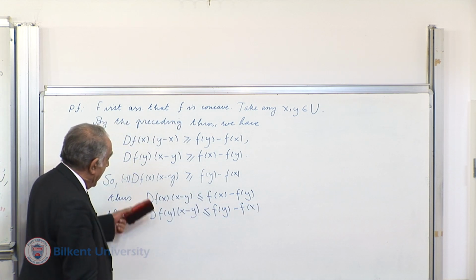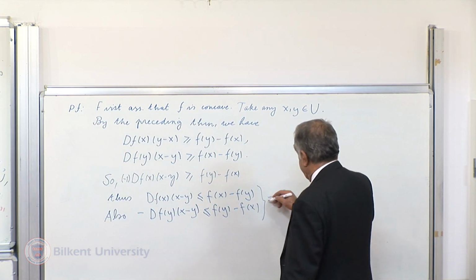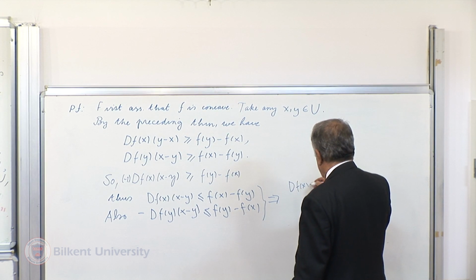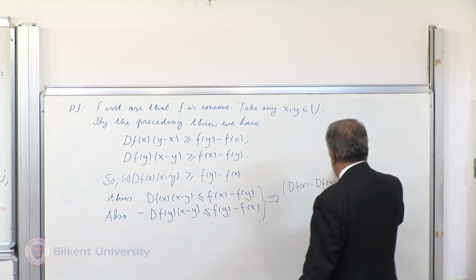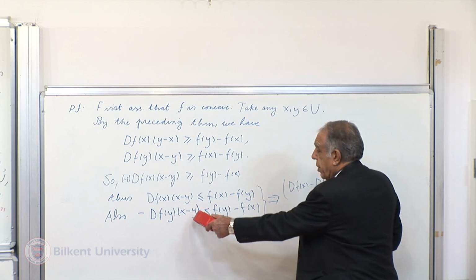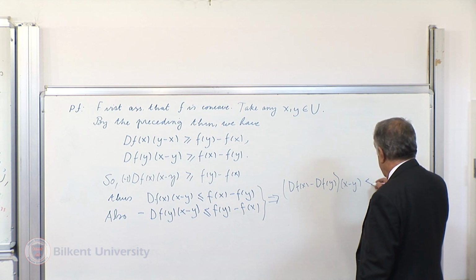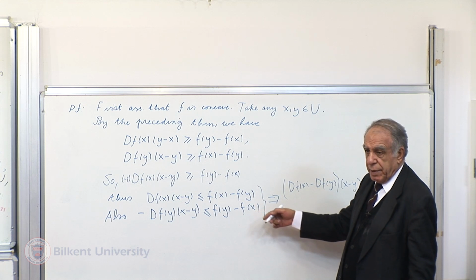Now if I add these side by side, this implies that df of x minus df of y, both at x minus y, is less than or equal to the sum of these, but that's 0.